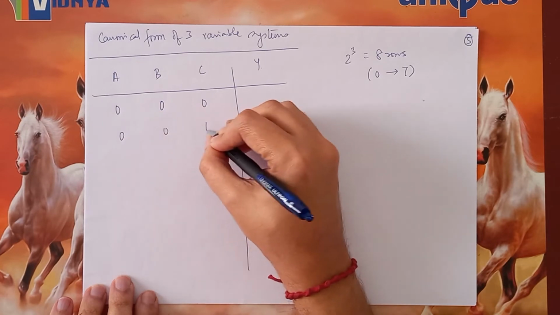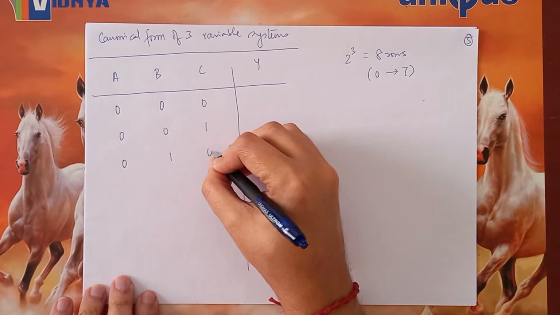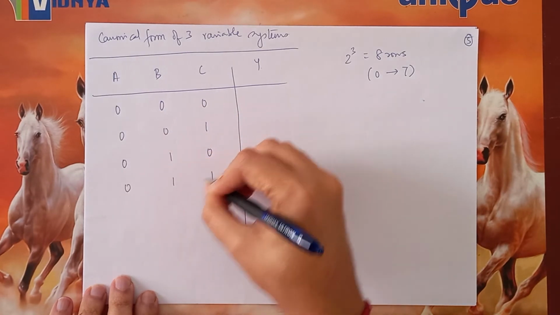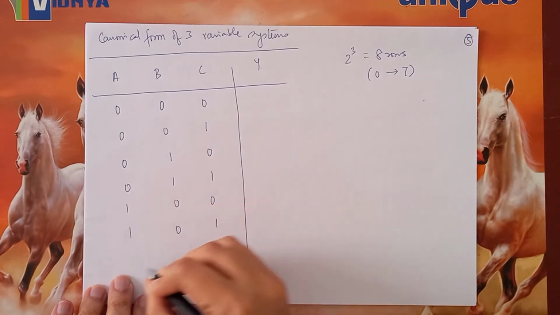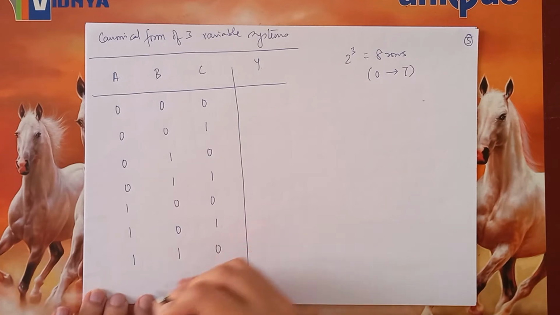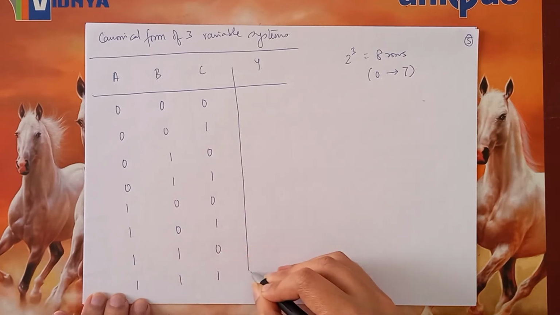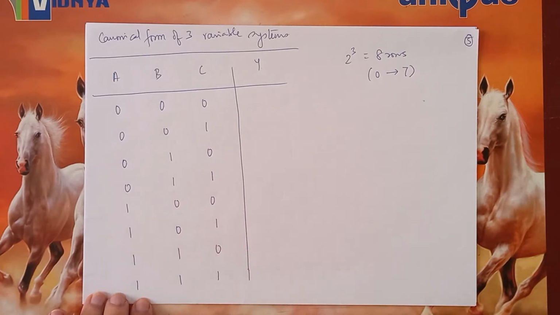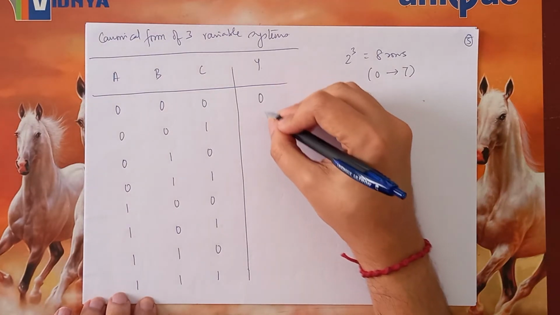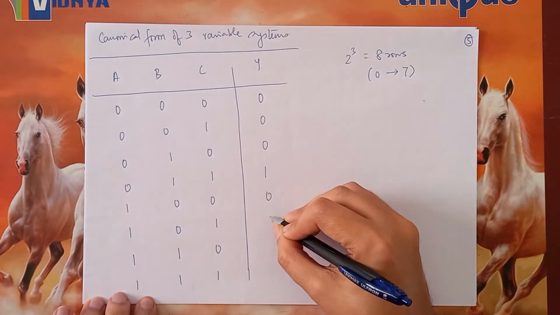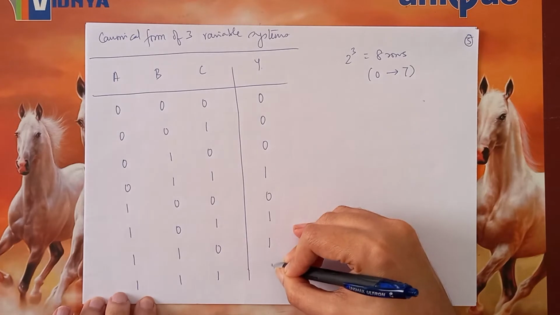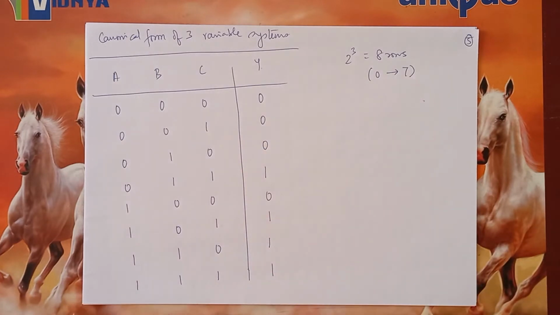This is how you enter the inputs. Now suppose Y looks like this.